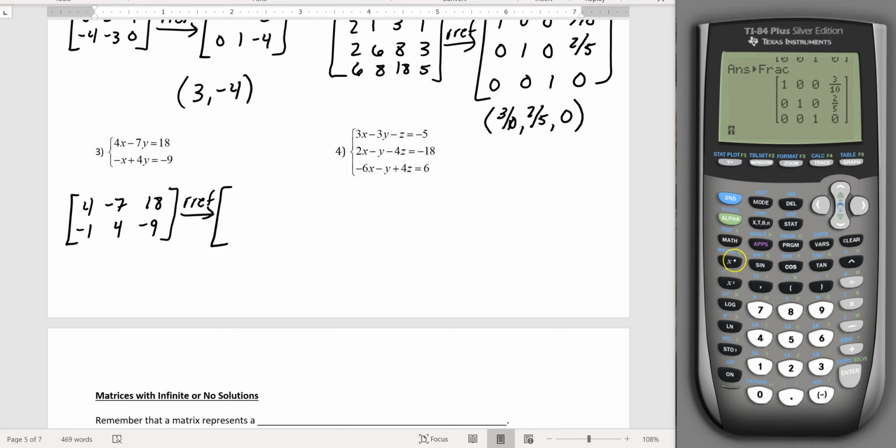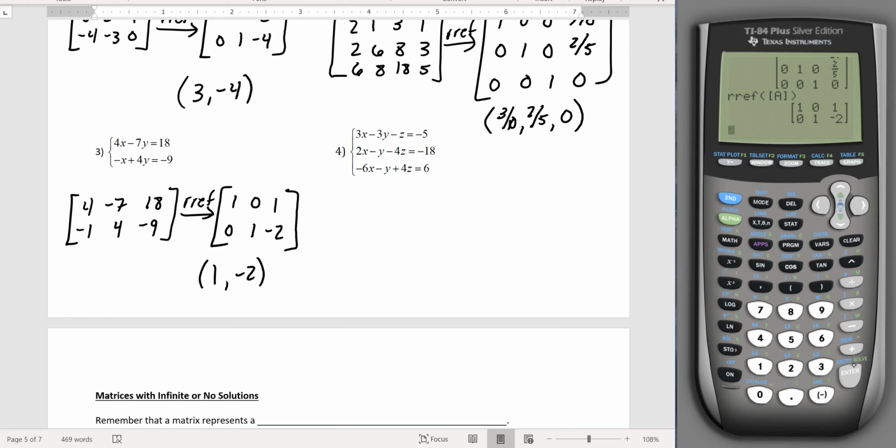Second quit, second matrix, go over to math, scroll down, RREF, second matrix, I edited matrix A, put it in there. I'll have 1, 0, 1, 0, 1, -2, which tells me that x is 1, y is -2.